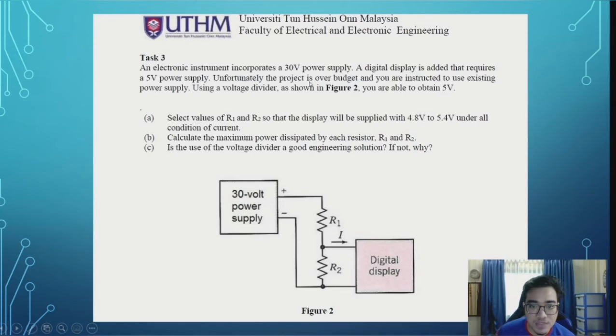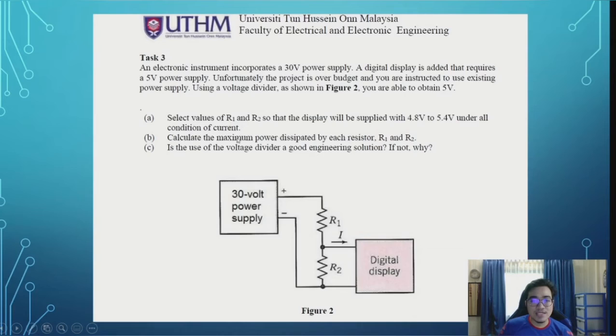Unfortunately, the project is over budget and you are instructed to use the existing power supply. Using a voltage divider as shown in figure 2, you are able to obtain 5 volt. A, select values of R1 and R2 so that the display will be supplied with 4.8 volt to 5.4 volt under all conditions of current.